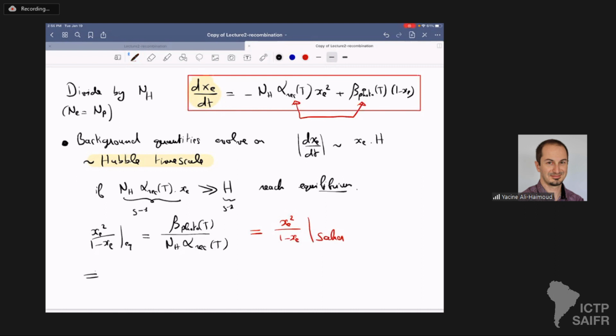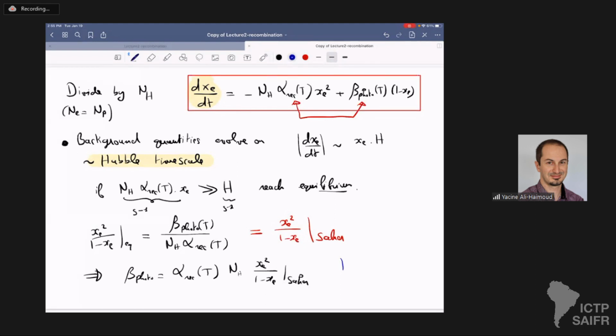And this implies that there's a relationship between photoionization and recombination, which is given by this equation here.